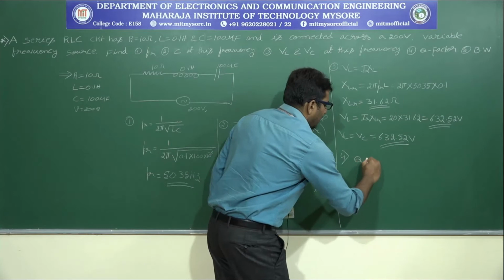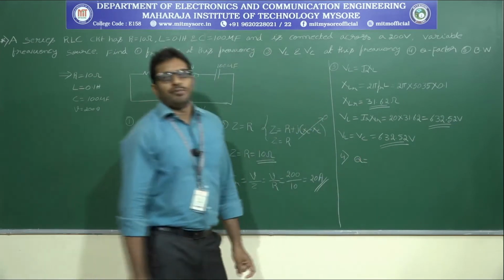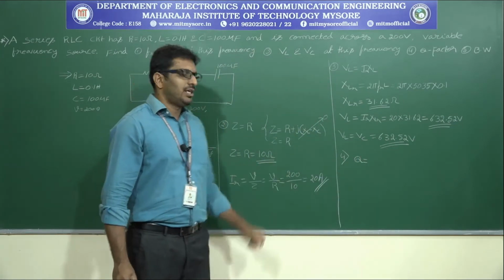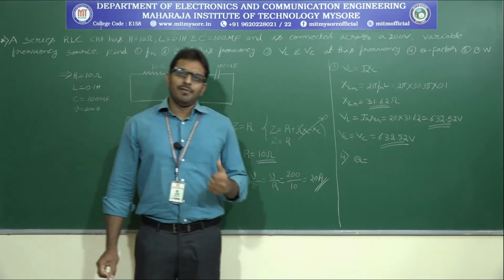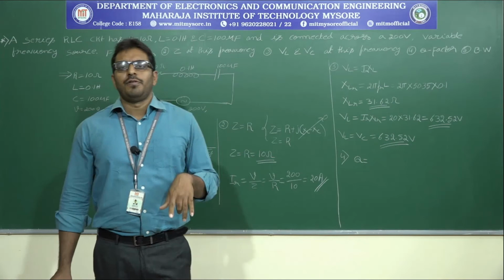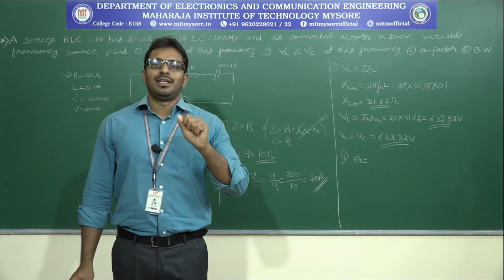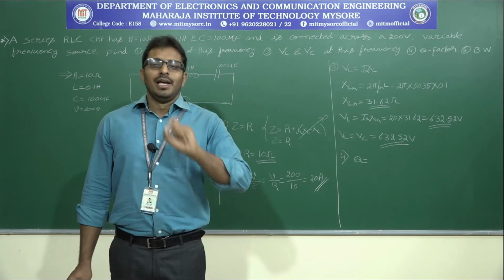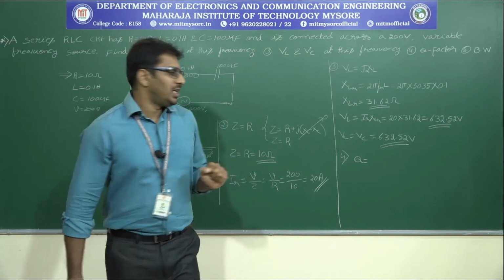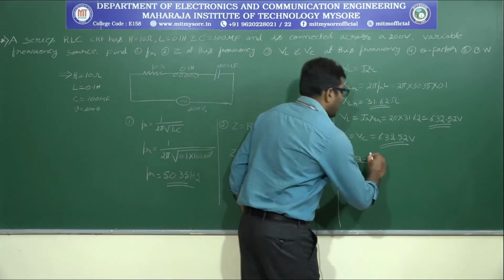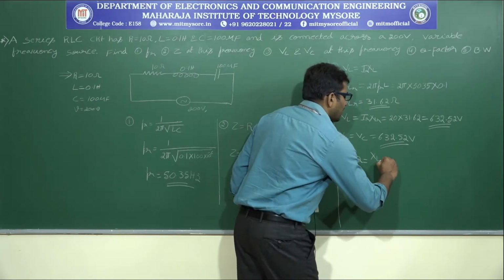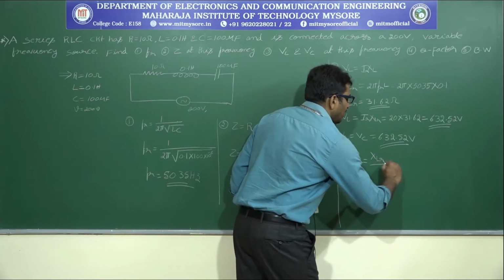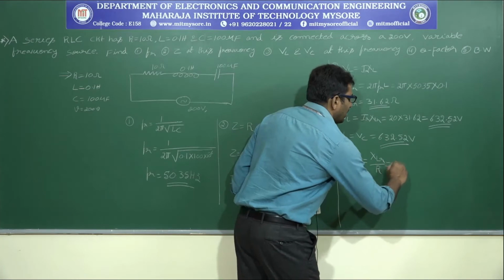So we already discussed this formula to find out the quality factor. What is the definition for quality factor? Quality factor is defined as the ratio of inductive reactance XL at resonance to the resistance of the circuit.